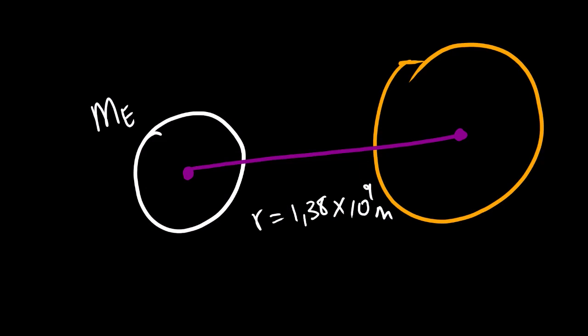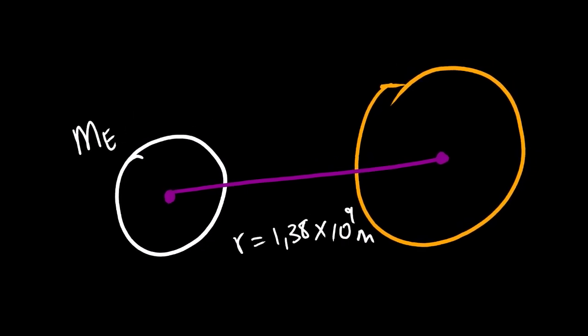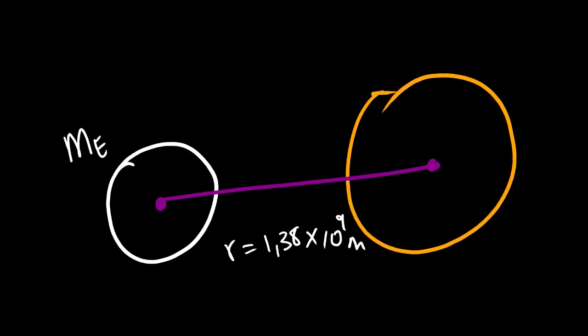We have the mass of the sun. Now according to the scenario, the distance between them is 1.38 times 10 to the power 9 meters. And then the mass of the earth, we know that according to the scenario, the mass of the sun equals 330,000 times the mass of the earth.